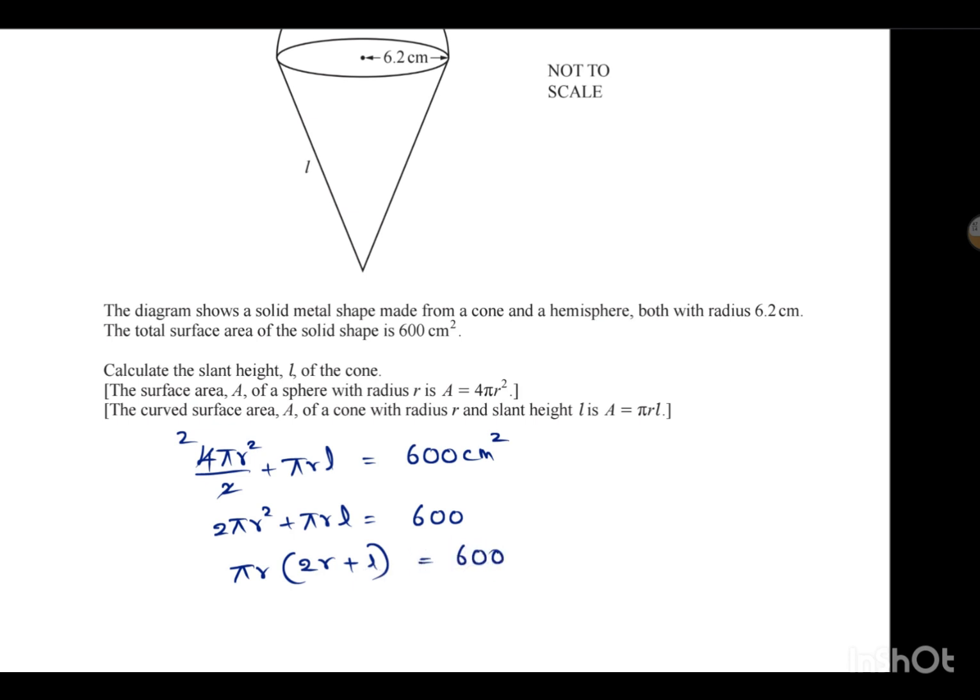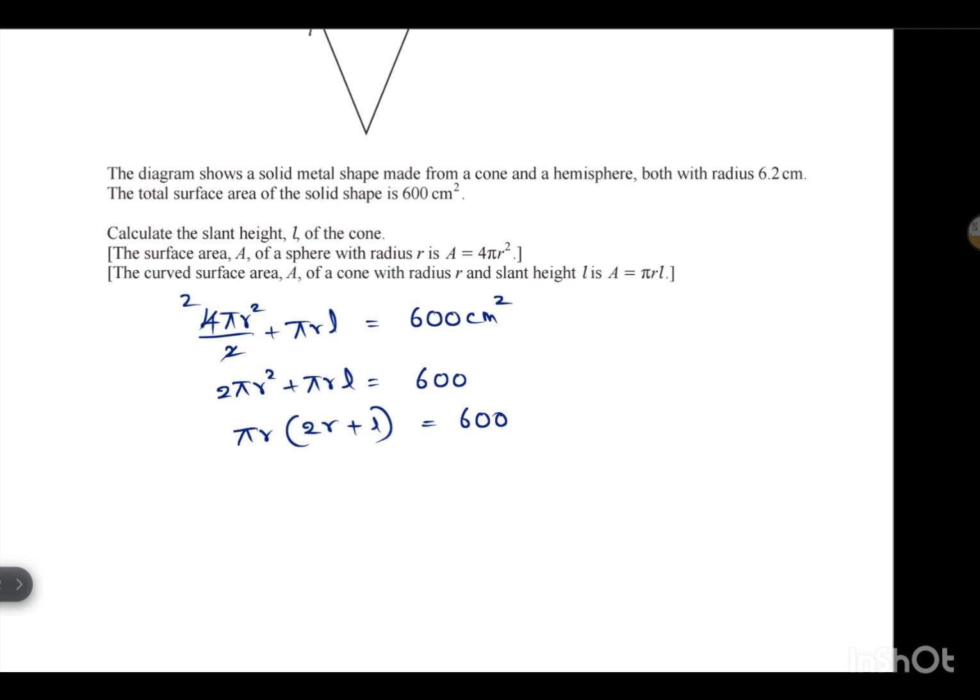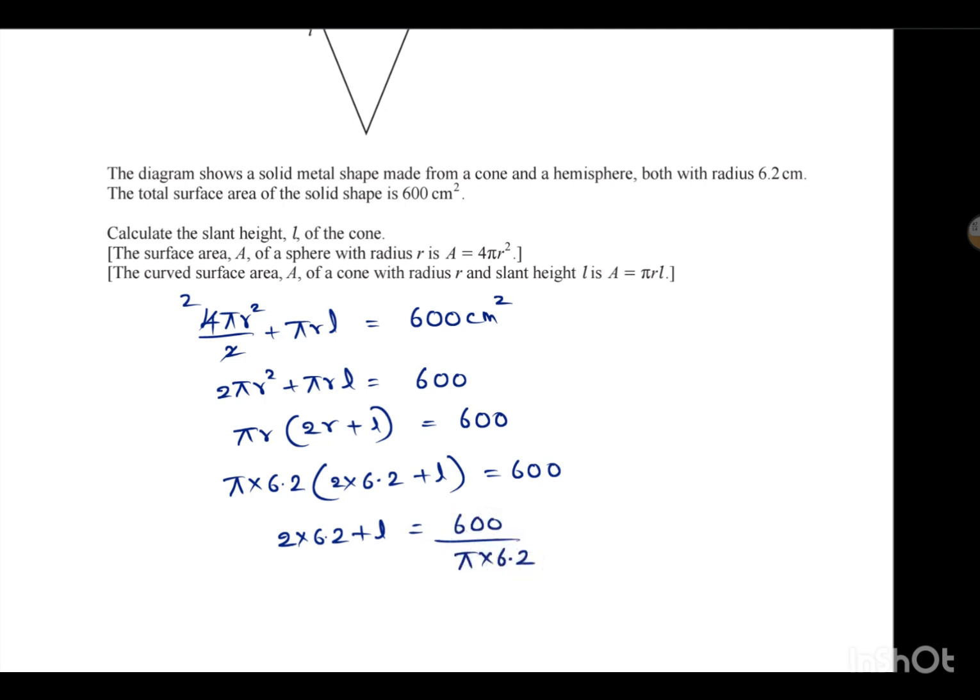Now substitute the value of r, which is 6.2, so pi into 6.2 into 2 into 6.2 plus l is equal to 600. If I bring pi into 6.2 to the right, it gets divided. Then keeping l on the left hand side, if I bring 2 into 6.2 to the right hand side, it gets subtracted.